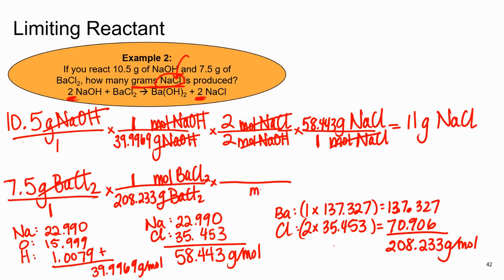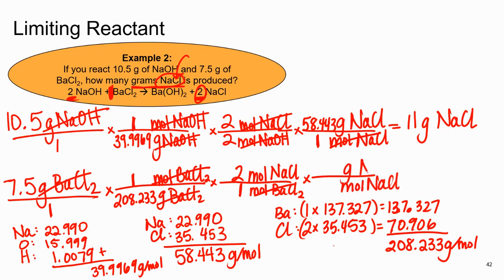Now bring down moles of barium chloride and we can switch compounds. Now that we're in moles, we can use the coefficients from the balanced equation to switch to the desired compound, sodium chloride. Again, there's that 2 in front of sodium chloride, but an implied 1 in front of barium chloride. Now, it doesn't ask us to be in moles of NaCl when we're done, though. It asks us to be in grams of NaCl.